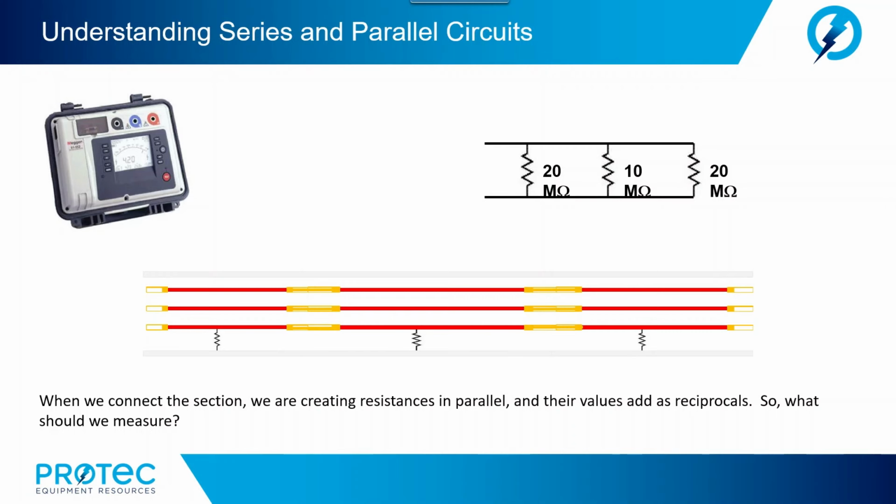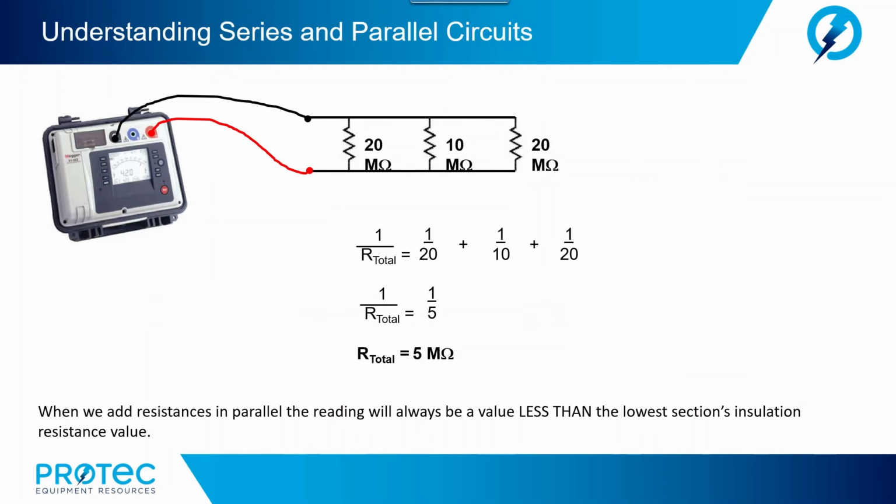Well, remember, these are going to add as reciprocal values. Therefore, in order to get the final reading, we would take 1 divided by 20 plus 1 divided by 10 plus 1 divided by 20. That would give us 1 over 5.